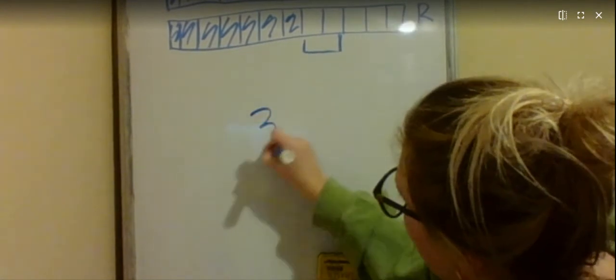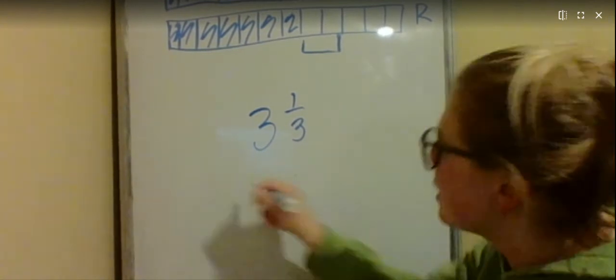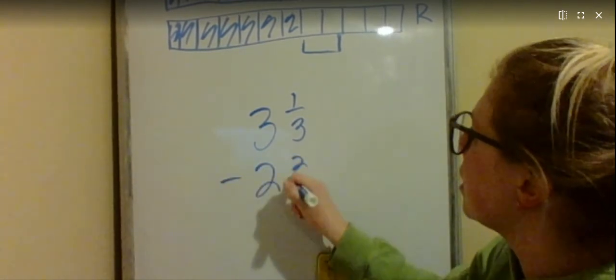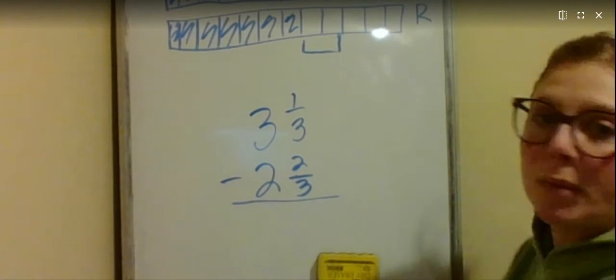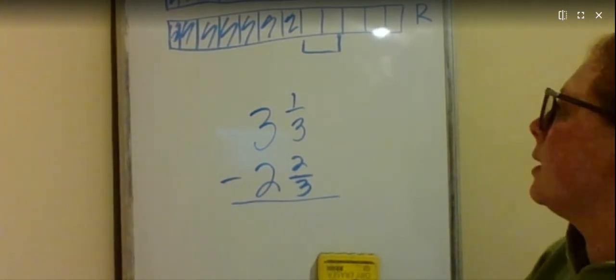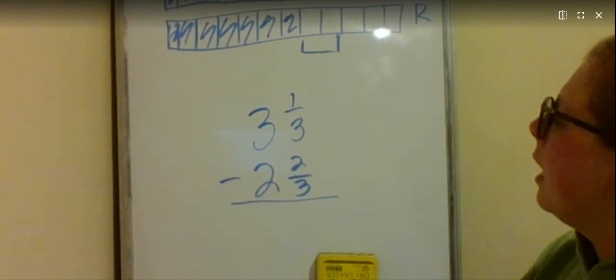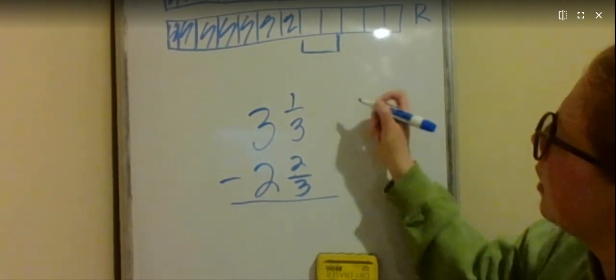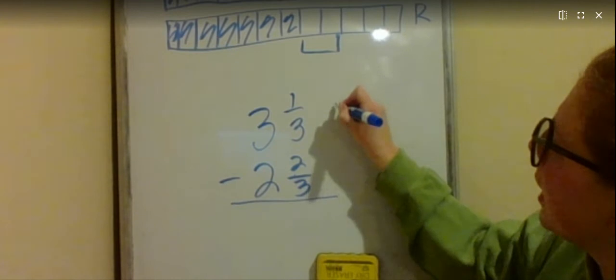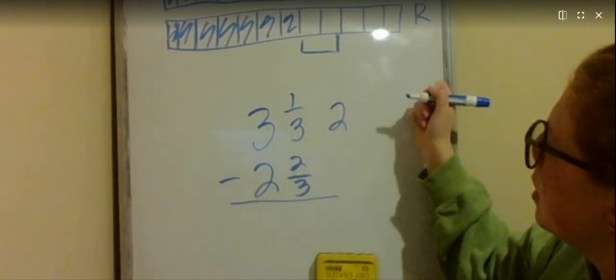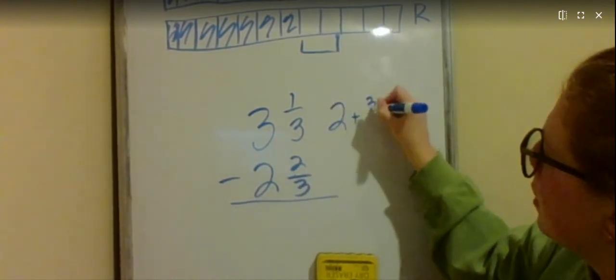So let's see if I had, now this isn't in your book anymore, 3 wholes and 1/3 minus 2 wholes and 2/3. The one way I could do it is I could just rename the first one into a fraction greater than 1. So this would be like 2 wholes plus 3/3.